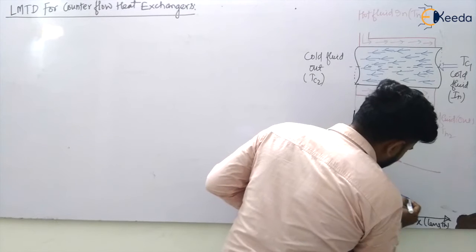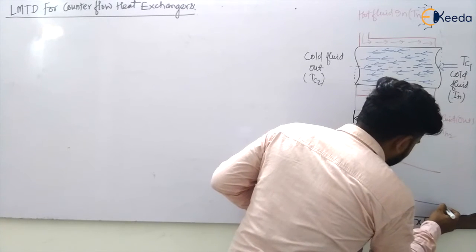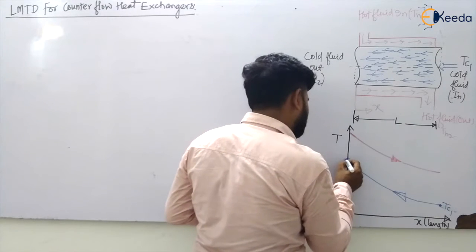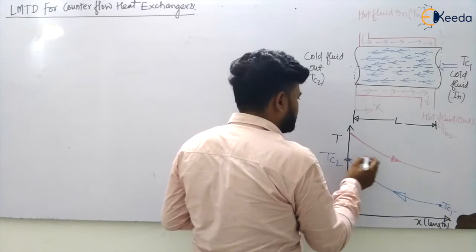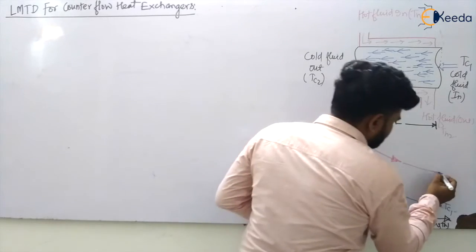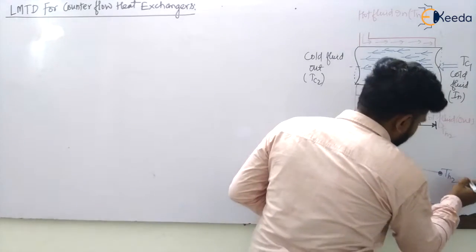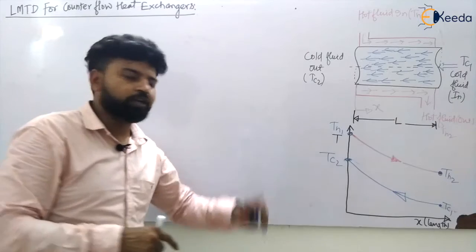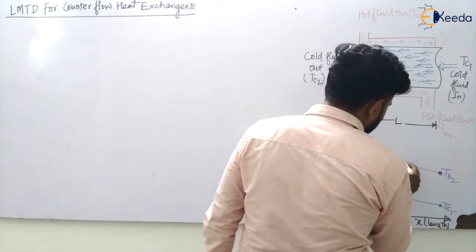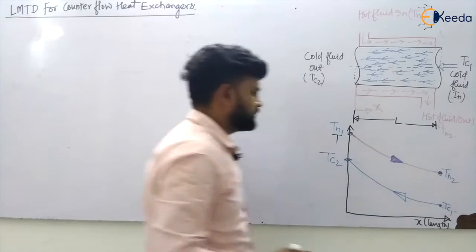This is your TC1 and this will be your TC2. This will be your TH1 at that point and this will be your TH2 at that point. So this is the counter flow heat exchanger. That's why the direction is different, my dear students.